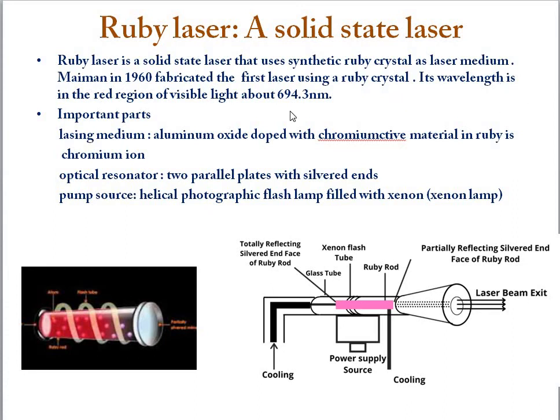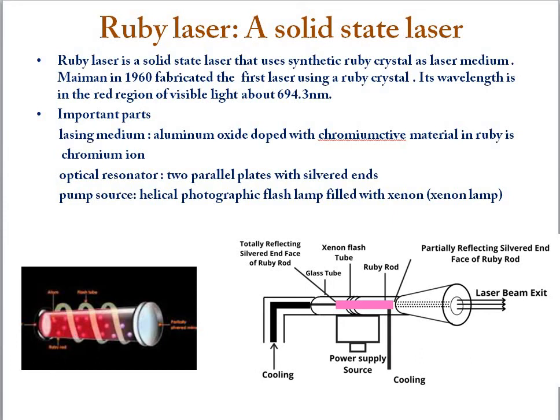The wavelength of the light that is emitted is in the visible region, and it is about 694.3 nanometer. The important parts of a ruby laser: we know that in order to work, a laser should have a lasing medium, an optical resonator, and a pumping source.